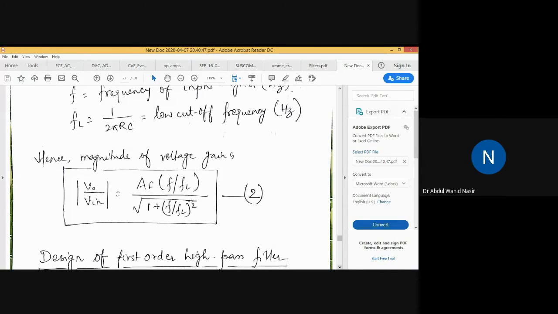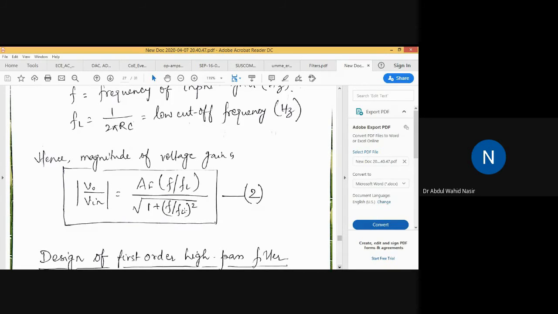If you compare this magnitude of voltage gain to the low pass filter, you can observe the difference. For the low pass filter, the magnitude of voltage gain is given by AF in the numerator, you will only have AF, so AF by root under 1 plus f by fH whole square.